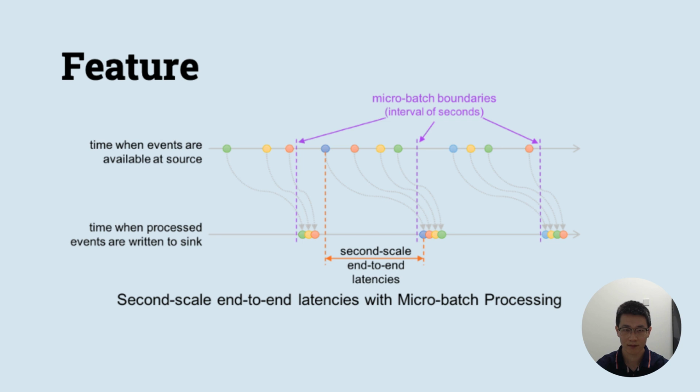Because of these fixed intervals, the first time it triggers, it processes the 3 data points before it. And the second time, indicated by the second purple dashed line, it processes the 4 data points before it. You can see that, for example, the blue data point's actual arrival time is quite early, but there's a significant processing delay before it's actually handled.